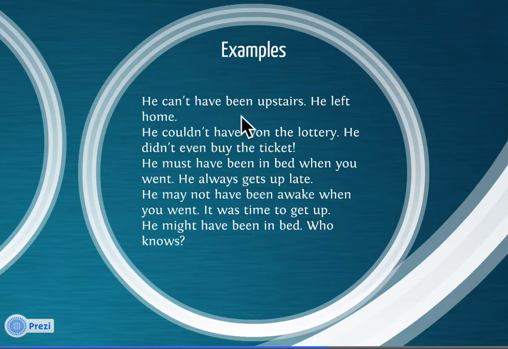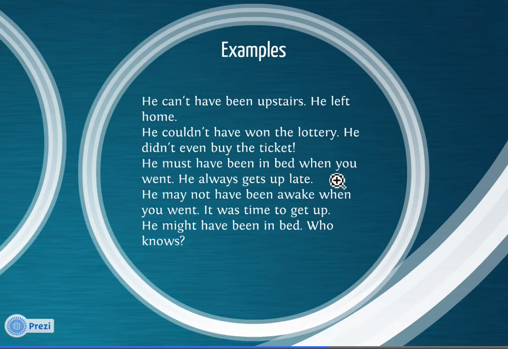I'm sure that is impossible. Or he must have been in bed when you went. He always gets up late. That is my conclusion. That is why I'm so sure that happened in the past, because I know that he always gets up very late.